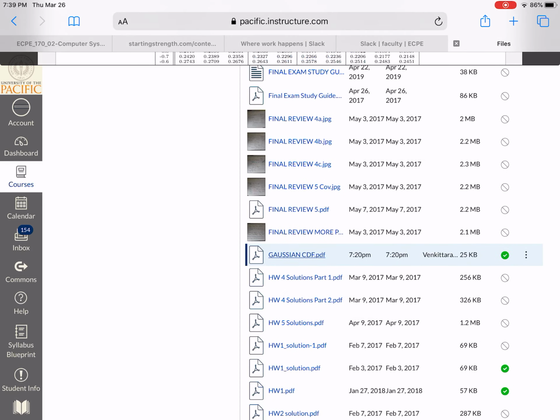Next, I need to find the value of the CDF at negative 2.23. So let's find the value of phi at negative 2.23. My apologies, I'll first look into the row of negative 2.2 because I want to find the value of the CDF at negative 2.23.